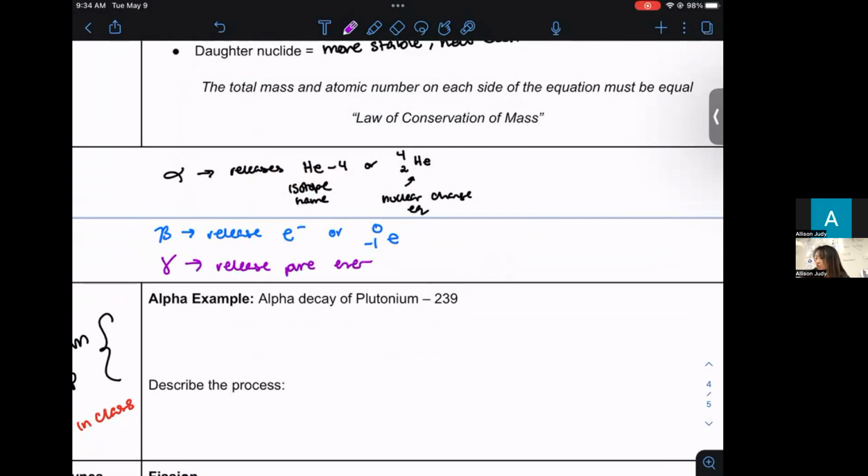It just releases energy. We write that as a 0 mass, 0 proton particle. We call that, by the way, a photon of light. A photon of energy is just a particle of pure energy. No actual mass to it, which is kind of anti what you think.